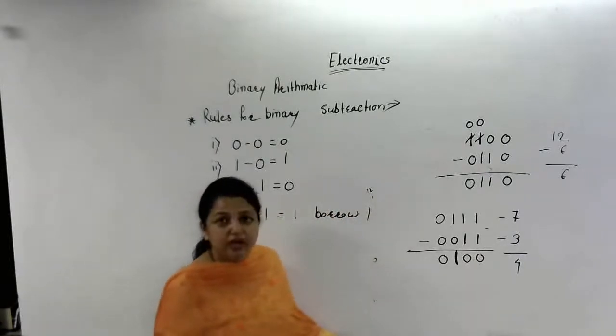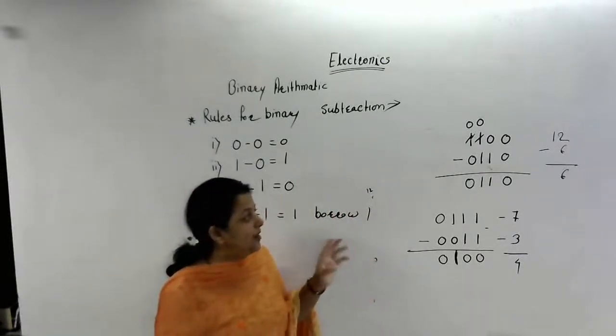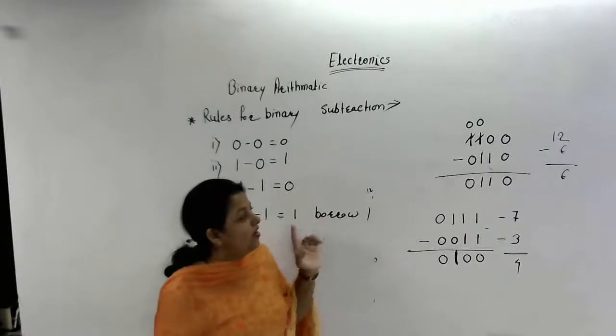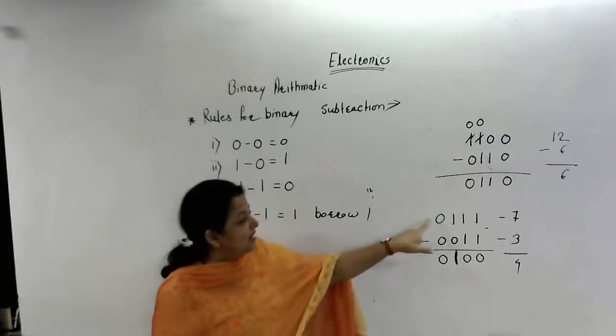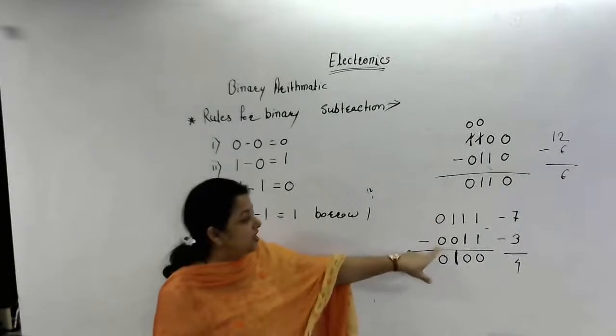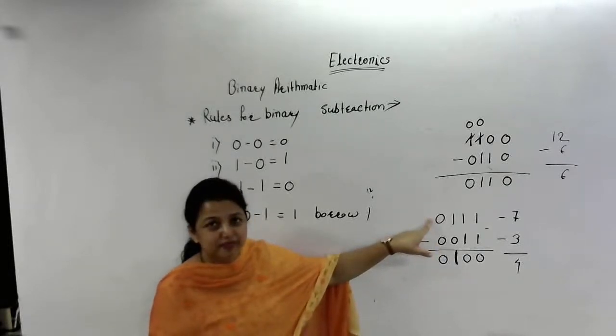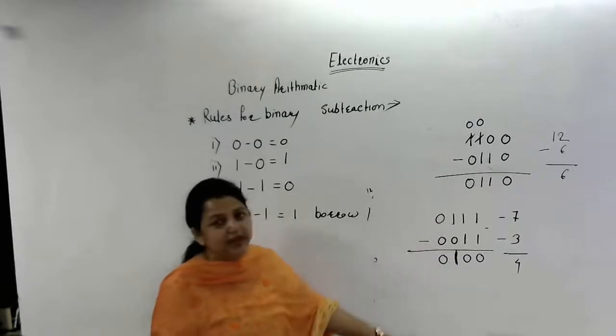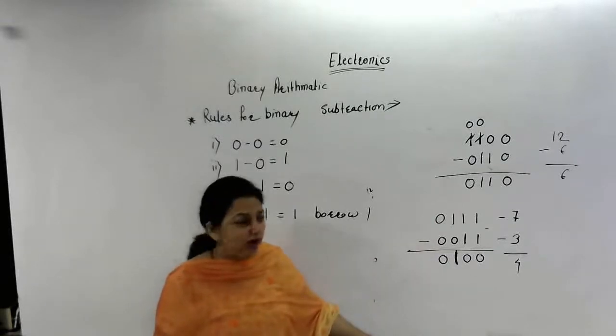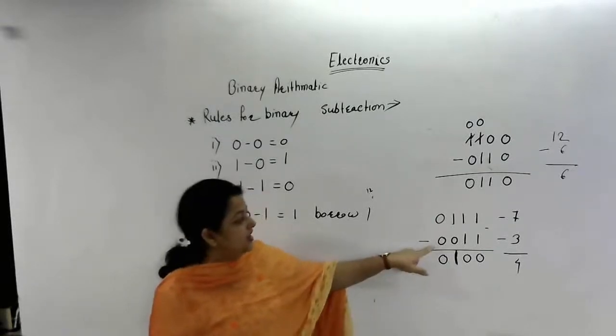But if you carefully see all the examples I did, in all of them the subtrahend is less than the first number, and only then do we get the right subtraction. Now what happens if the subtrahend is greater?